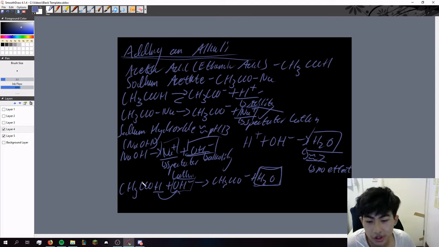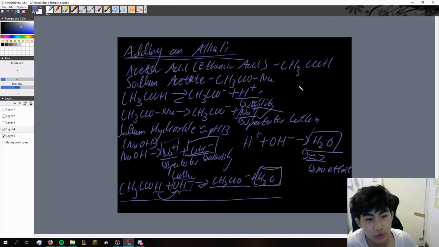I forgot to mention, this reaction here is actually slightly reversible, because this acetate ion can combine with hydrogen ions from the self-ionization, the self-dissociation of water.